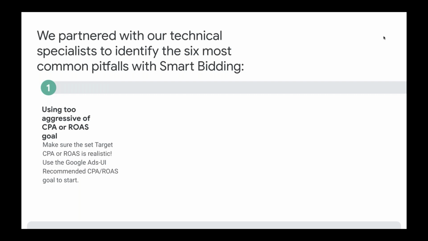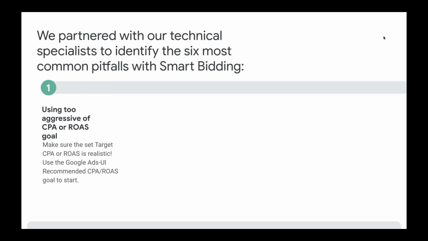So sometimes when you're using target CPA or target return on investment, you have to make sure that the place where you start is really realistic. For example, if you have been having a $500 cost per acquisition on manual, and all of a sudden you switch to target CPA and set $50 as your target, you have to be really realistic.